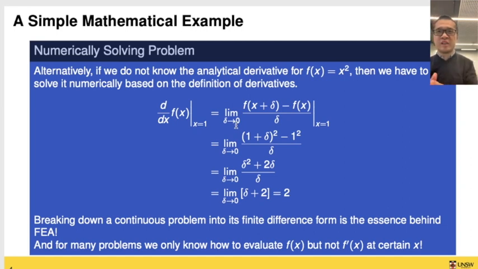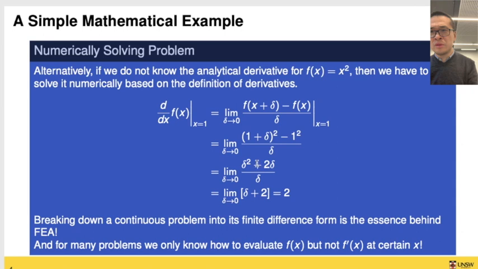But in most cases, you might not be able to do that. So what you do is give delta a very, very small value and evaluate this expression. Now, what happens if you plug in x squared into this expression? Well, you get (1 plus delta) squared minus 1 squared at the top, because we evaluate at 1, and at the bottom you have delta, which is x plus delta minus x.